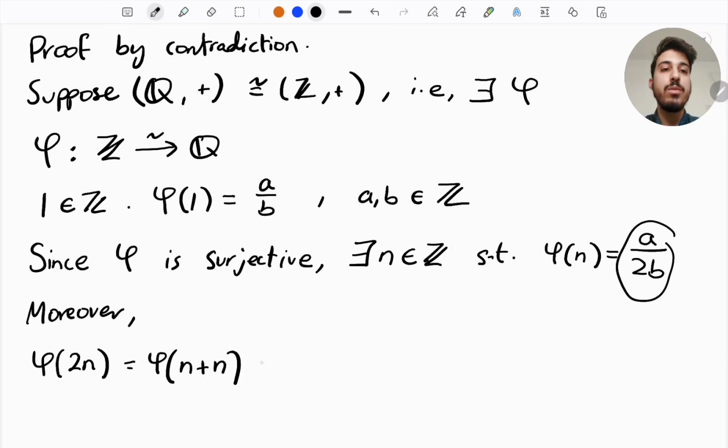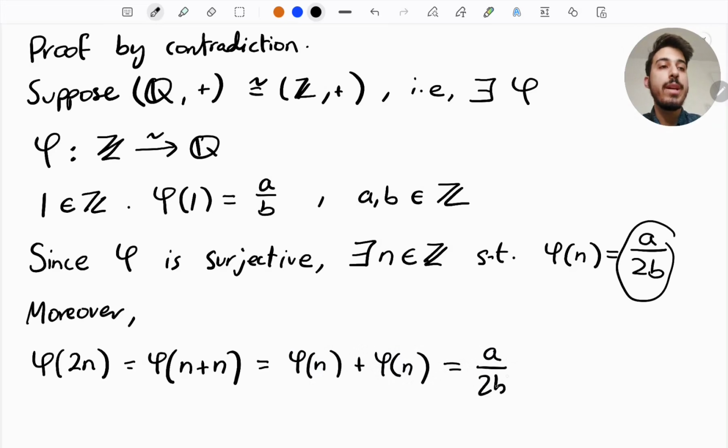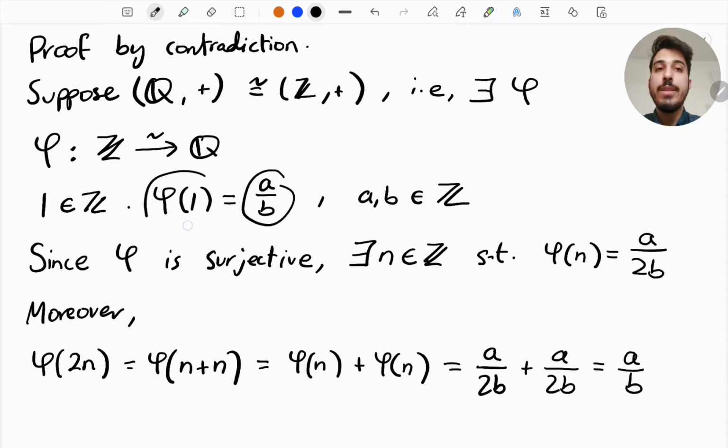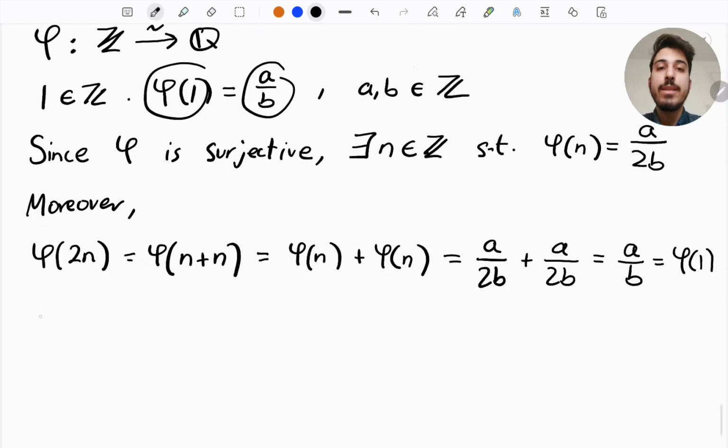So this is equal to phi of n plus phi of n, because phi is a homomorphism, because it's an isomorphism, and phi of n is equal to a over 2b as previously mentioned. So a over 2b plus a over 2b is equal to a over b, but we've already said that a over b is equal to phi of 1. So in conclusion, phi of 2n is equal to phi of 1.